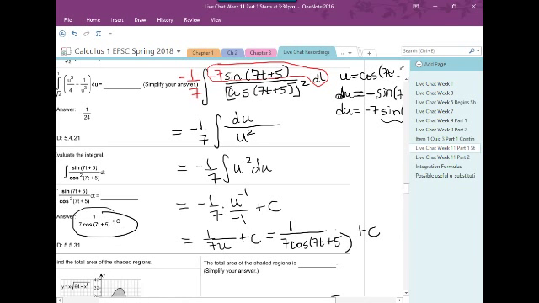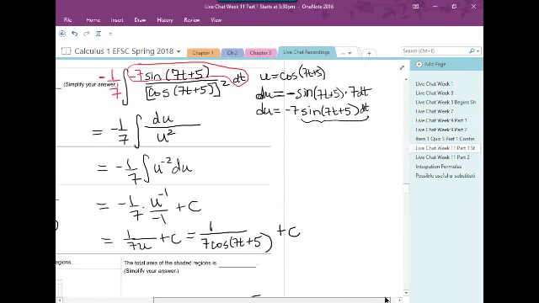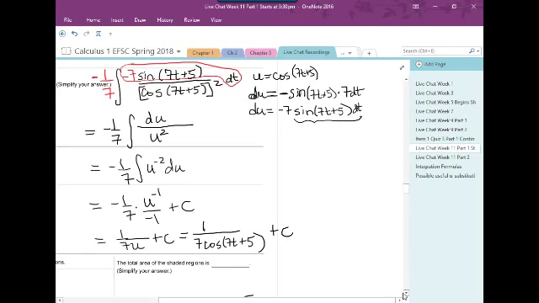All right, so that's one approach to the problem, using a u substitution and letting u be the cosine of 7t plus 5. Let's look at one other way that you might have worked this problem, but you should get the same answer. Okay, so I'm going to copy the problem down again.